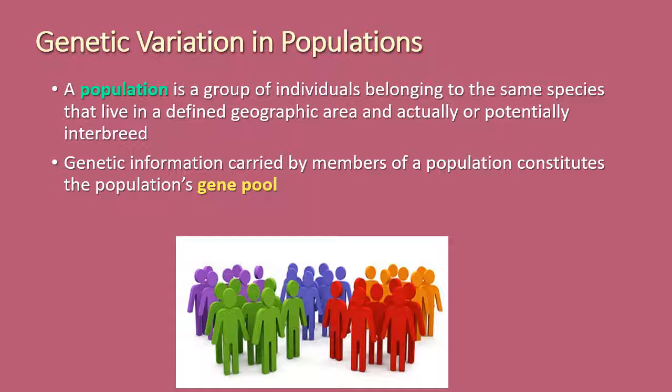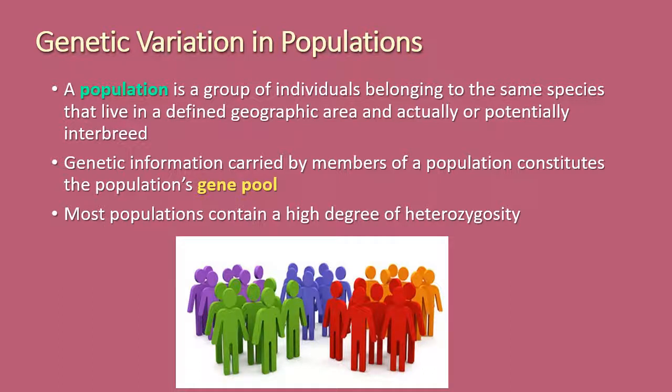So all those alleles, all that genetic information that's being carried by individuals, constitutes the gene pool. And most populations contain a very high degree of heterozygosity. So even though it may not be seen on a phenotypic level, we're all carriers of alleles that you don't see the phenotype for because they're recessive.